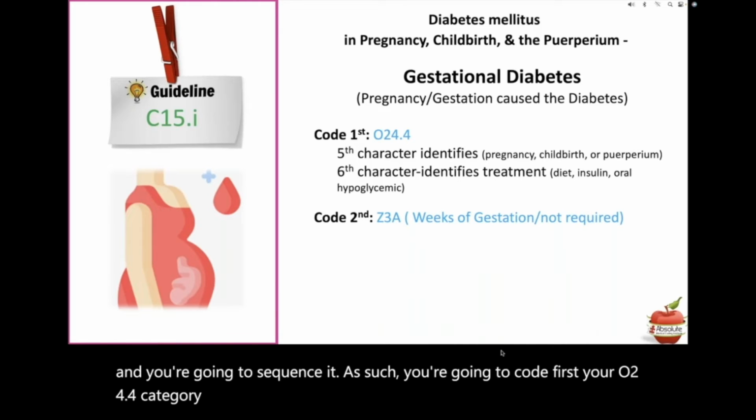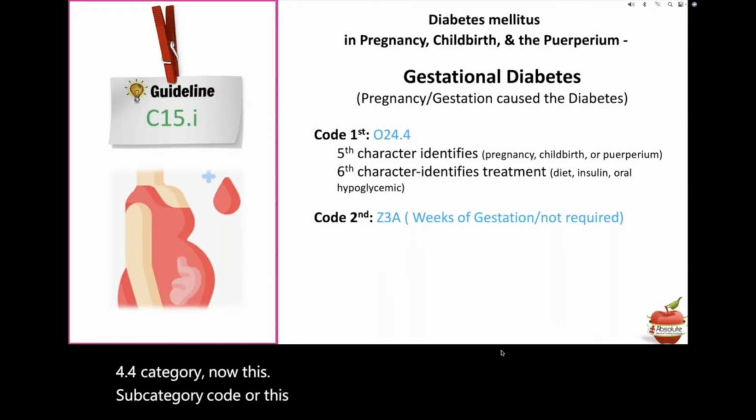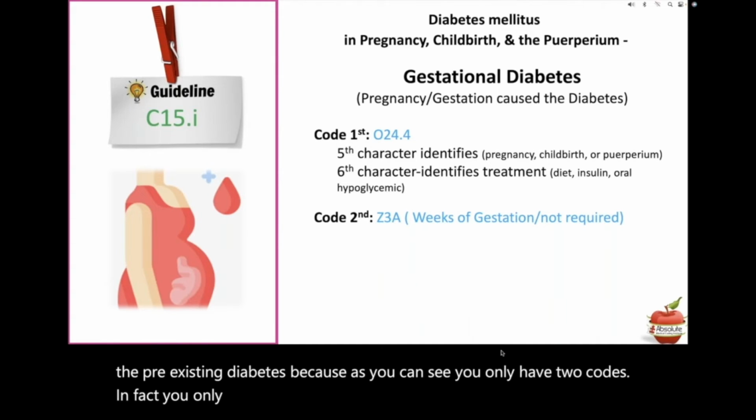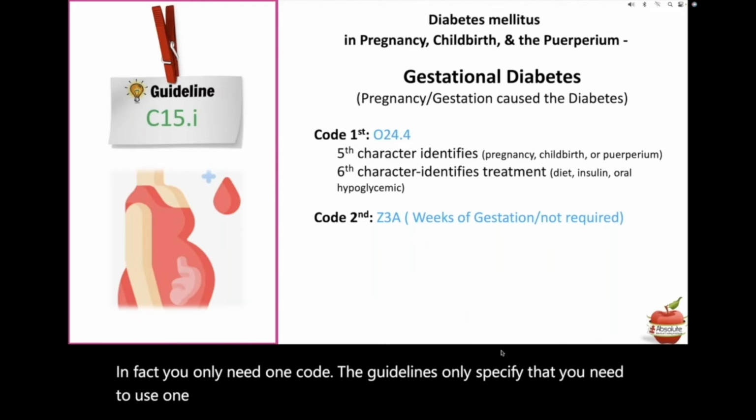Now, this subcategory is a little more granular than the pre-existing diabetes, because as you can see, you only have two codes. In fact, you only need one code. The guidelines only specify that you need to use one code, but we're also going to code the week's gestation.